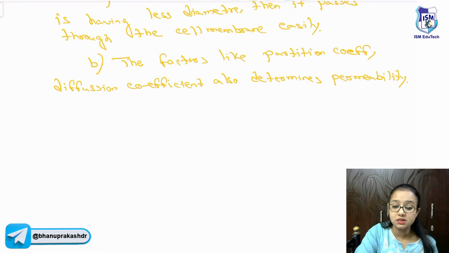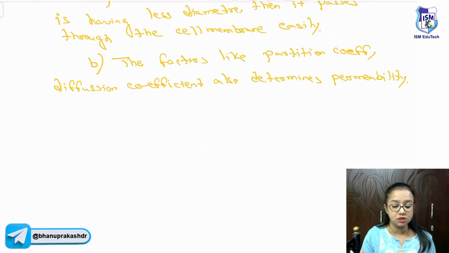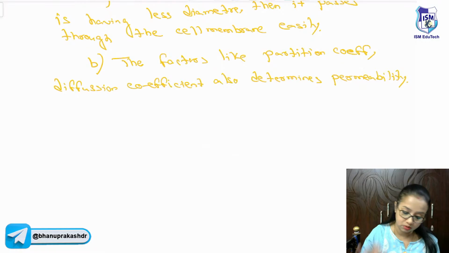Partition coefficient means how much a substance is more soluble in the lipid compared to the water. If the partition coefficient of a substance is more, then obviously the permeability will be more. Diffusion coefficient: if a substance has the capacity to diffuse more across the cell membrane, then again the permeability of the substance across the cell membrane will be more.